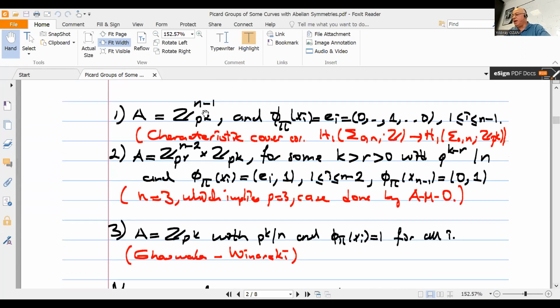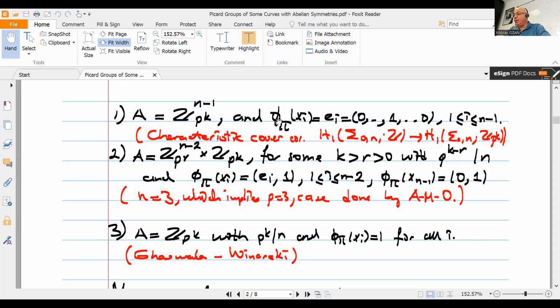So that finite abelian P group either is this group. You have some exponent of the prime P, and you have n minus 1 copies of that cyclic group, n is the number of punctures, remember. So the rank of the abelian group is just one less than the number of punctures.